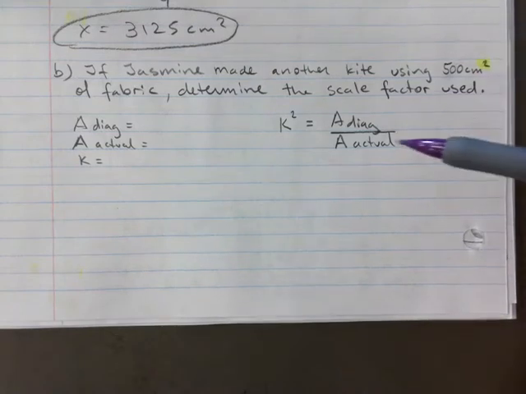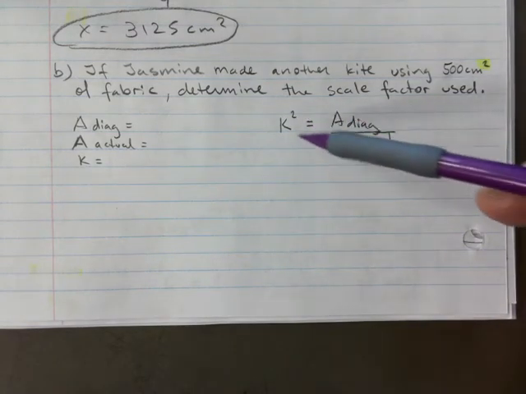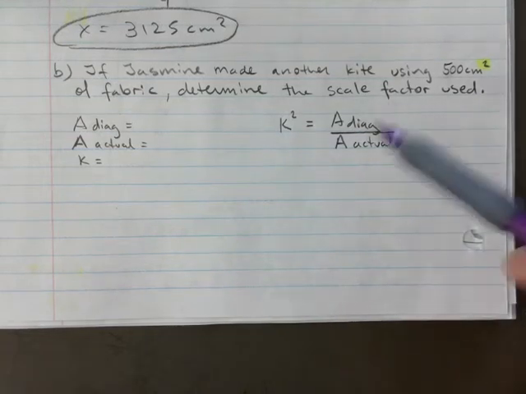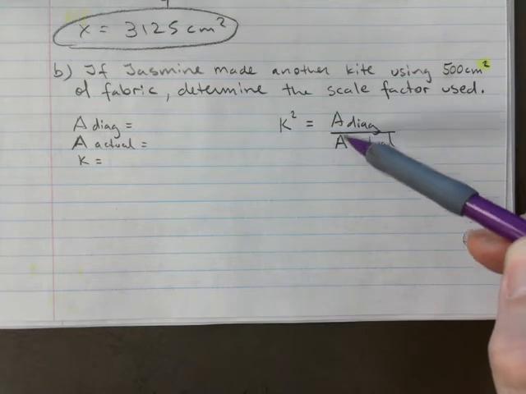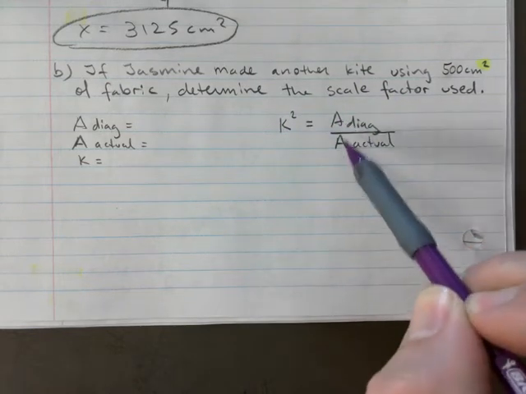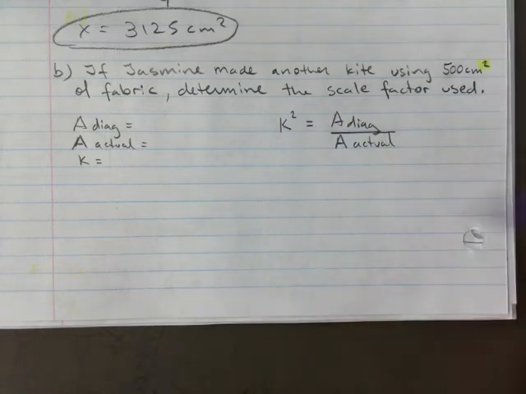And listen carefully. They have to give you 2 out of the 3 pieces. They might give you both areas. They might give you the scale factor and one of the areas. You have to figure out the other one. But you need 2 out of the 3 pieces, or else you can't do it.